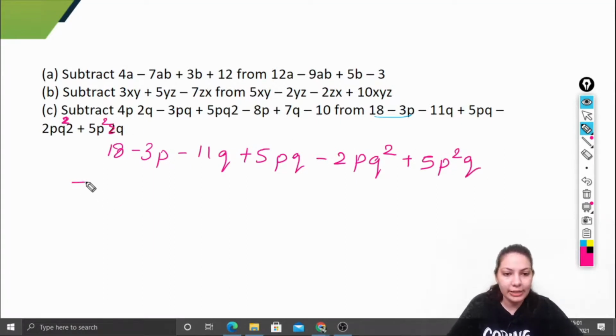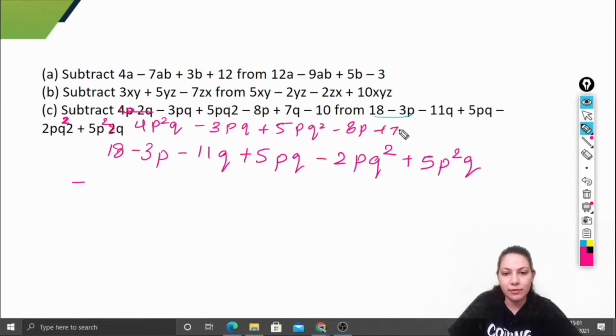We have to subtract it from 4p, let me write over here, 4p square q minus 3pq plus 5pq square minus 8p plus 7p minus 10.